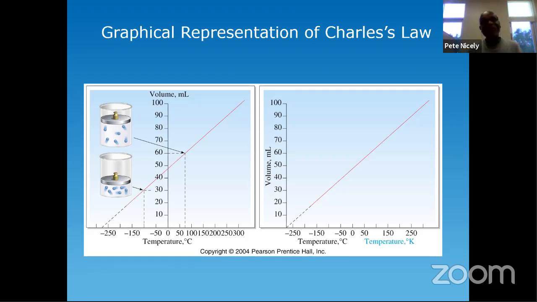So what was done was that they extrapolated that line for the gas to temperatures below the boiling point of the gas, and they found out that that line cuts the x-axis at the aforementioned minus 273.15 degrees Celsius, which represents, of course, absolute zero, a temperature at which the gas particles will have no kinetic energy whatsoever, all right?